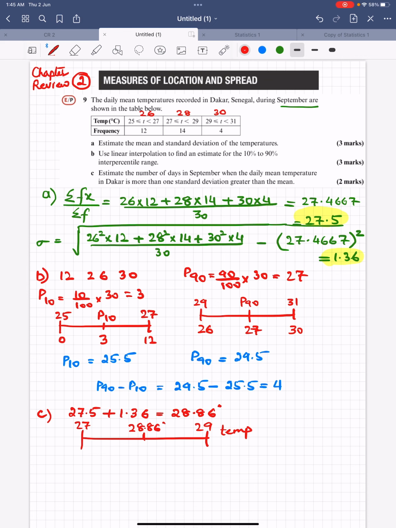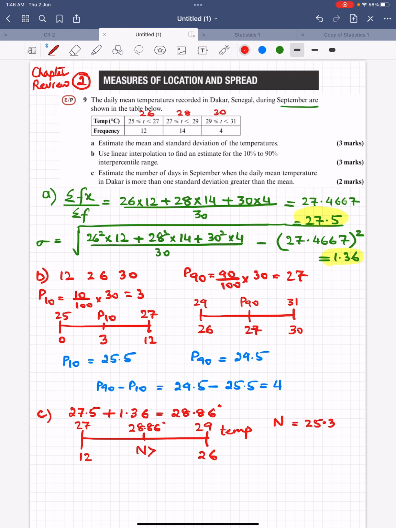And we need to find the number of days greater than. So the cumulative frequencies before and up to are 12 and 26. And when we do interpolation, we get the value of n as 25.3.